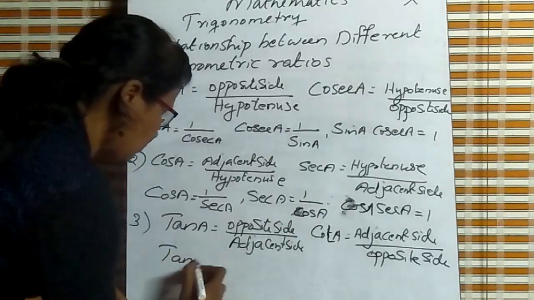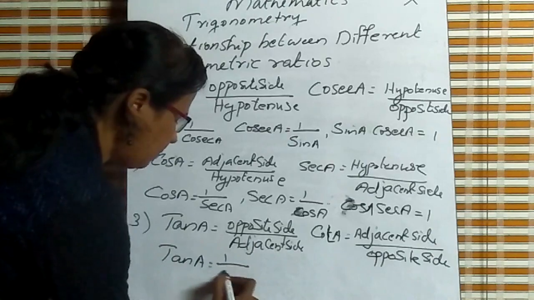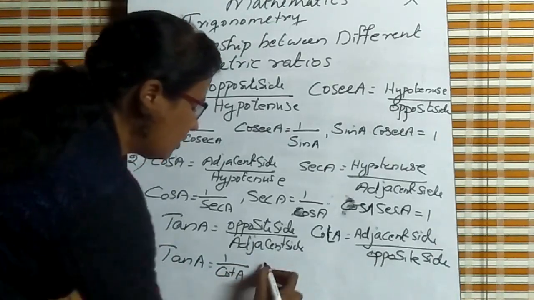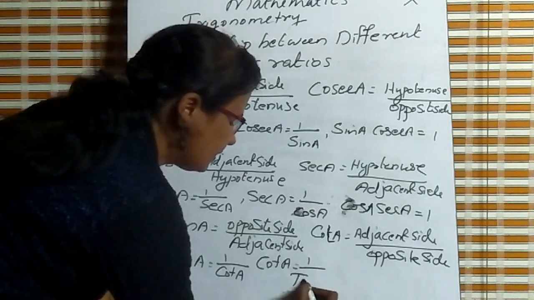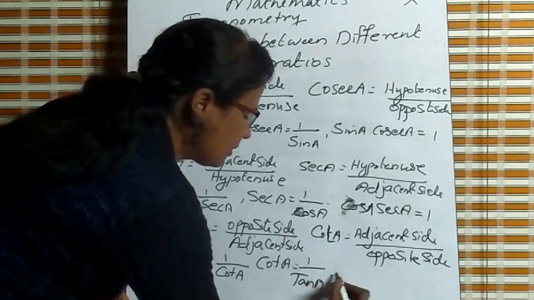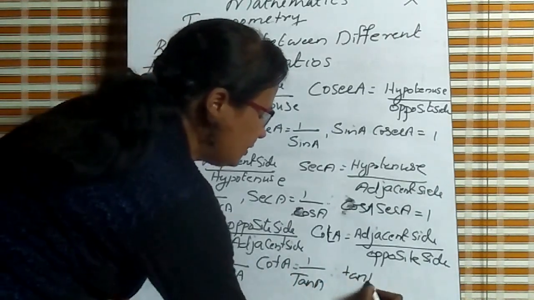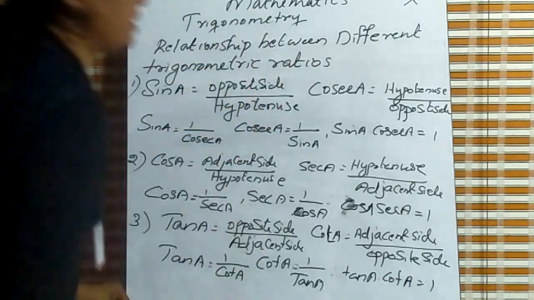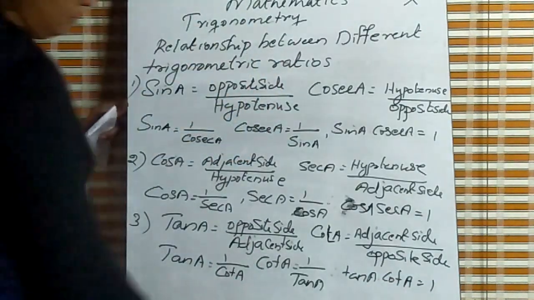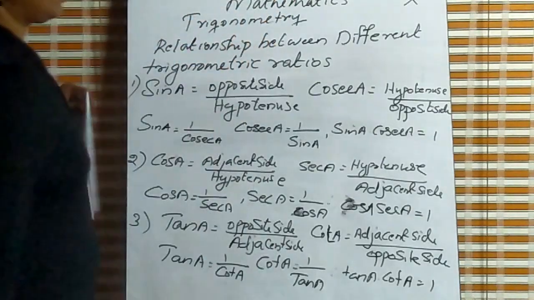Tan A is equal to 1 by cot A, or cot A is equal to 1 by tan A. Therefore, tan A into cot A is equal to 1. These are some reciprocal relations.